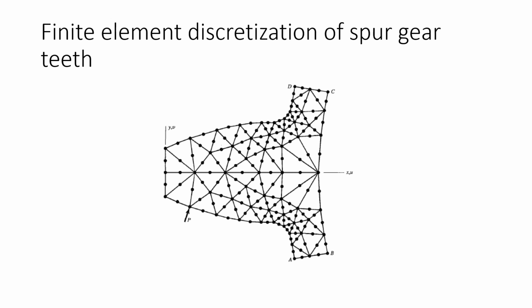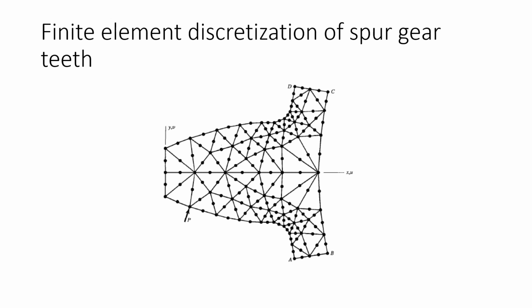In this figure we can see the finite element discretization of spur gear teeth. We know the shape of the spur gear, and it is divided into small elements of triangular shape, and on each triangle we can see the black spots.